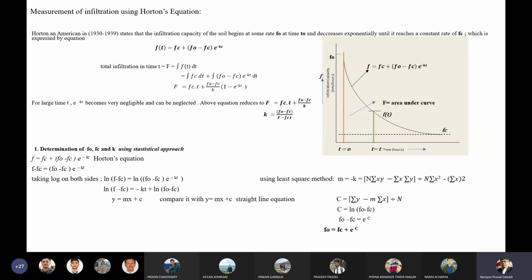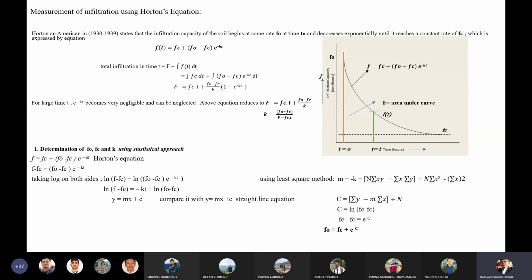So by taking log on both sides, Horton's equation can be converted into y = mx + c. In this way, you can prove that Horton's equation can be expressed as the equation of a straight line, ln(f - fc) = -kt + ln(f0 - fc).